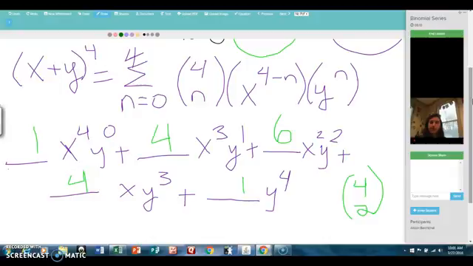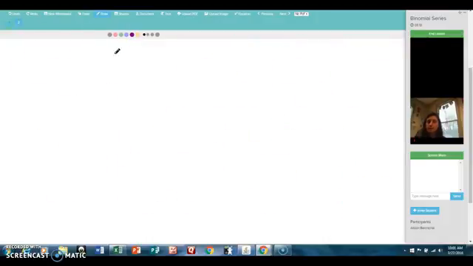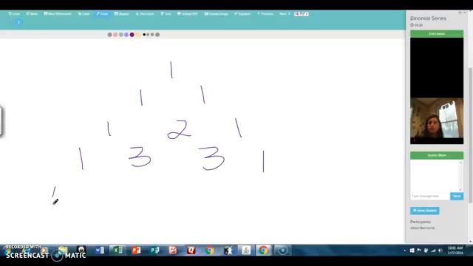Now, if you're thinking to yourself, how can you have those numbers memorized? I'm going to show you a trick. This is called Pascal's triangle. And the coefficients in the binomial series expansion are the same as the coefficients from Pascal's triangle. That's the 6, the one I couldn't remember, the 4 and the 1.